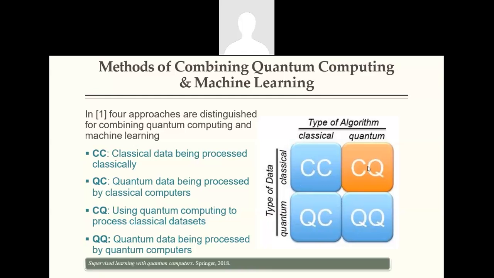See here, using quantum computing to process classical data sets. Then here both are QQ, quantum data being processed by quantum computers, which was taken from Supervised Learning with Quantum Computers, Springer 2018.